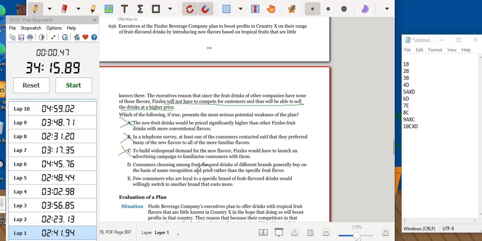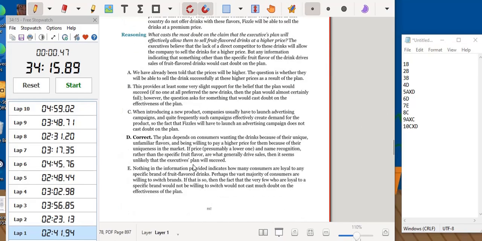They have said price, and here the price is increasing, so this is definitely a weakness. Okay, next one.